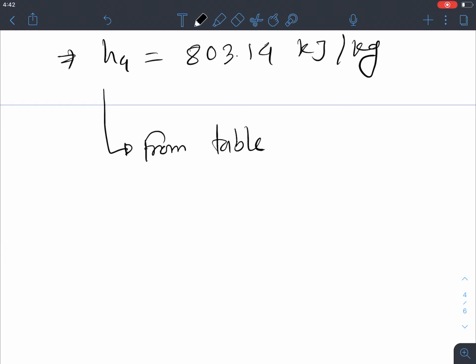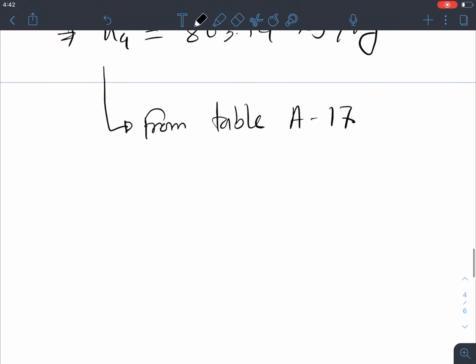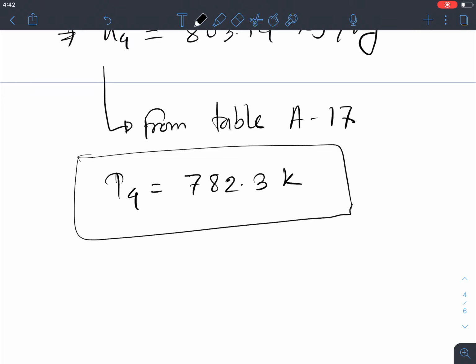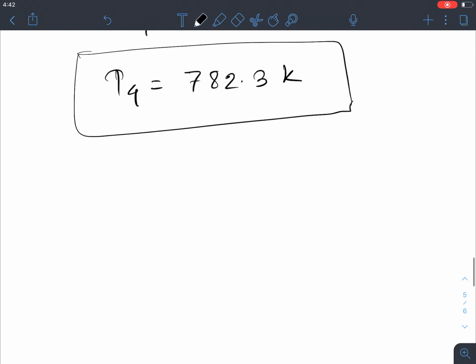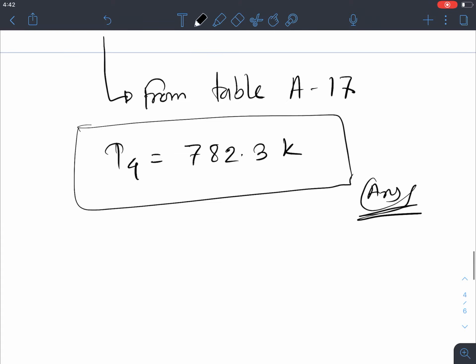So based on this H4, now we have to determine from table A17 the T4. If we do the interpolation, we will get the temperature T4, which is 782.3 Kelvin.